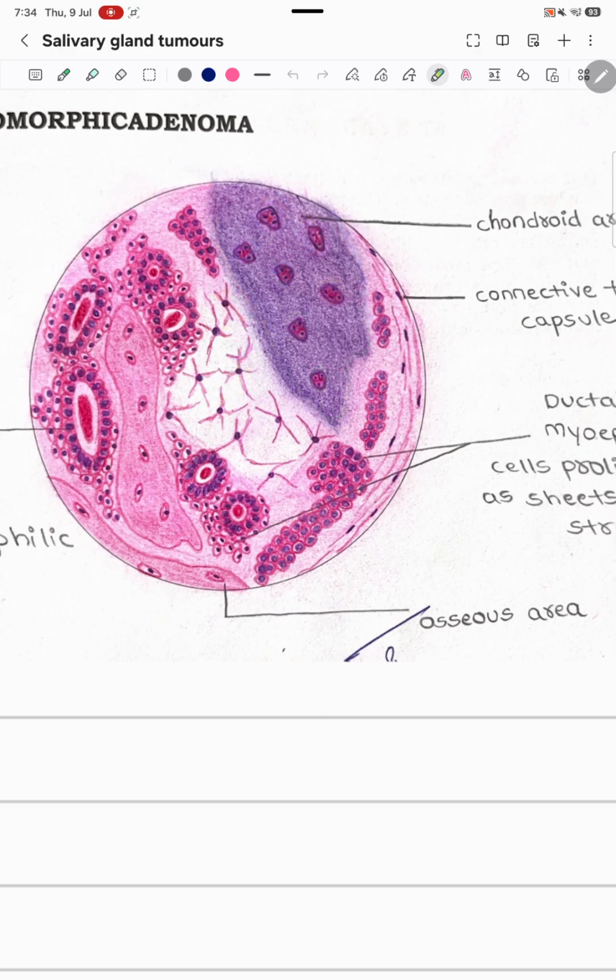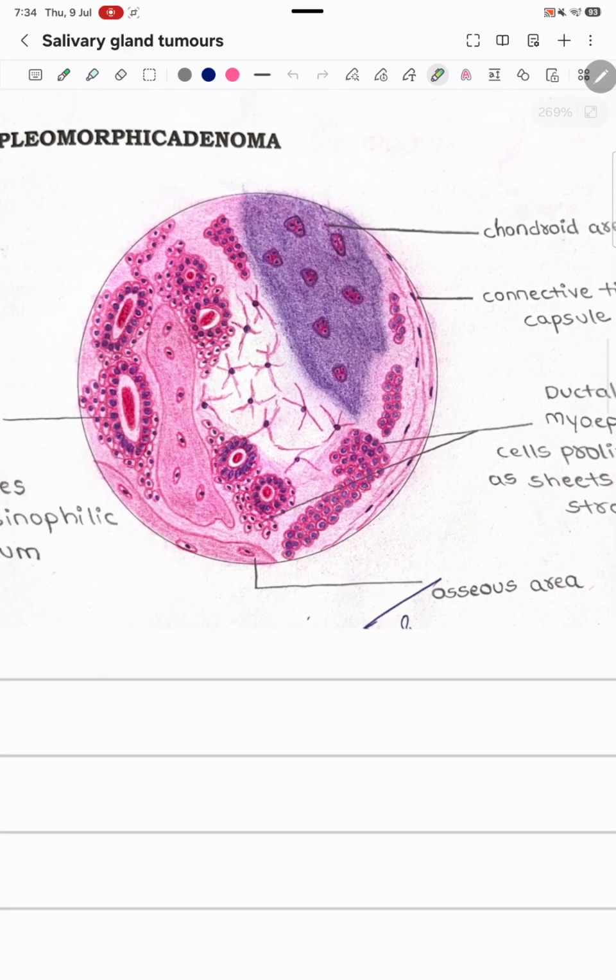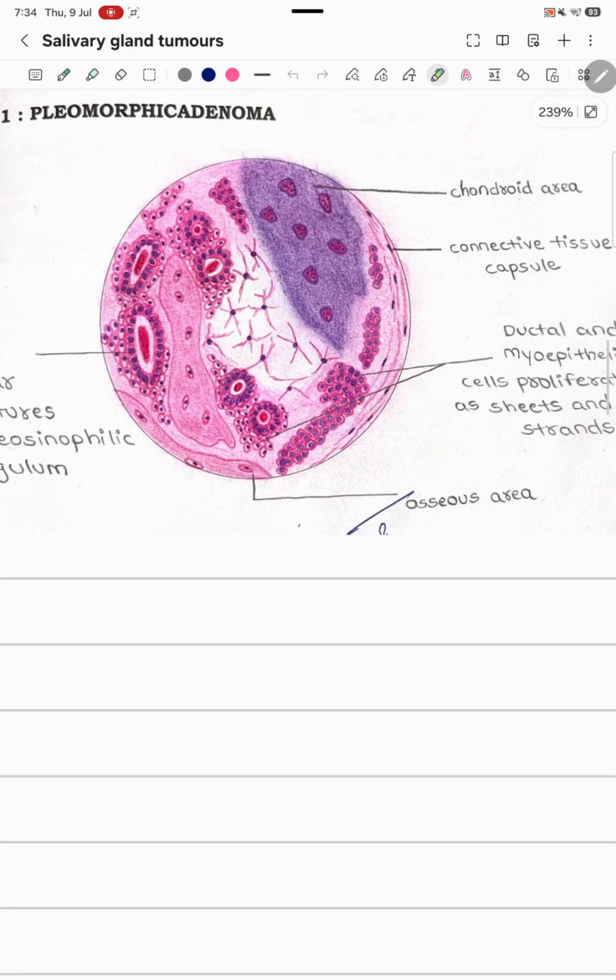Then you have your myoepithelial cells, your cystic areas, your ductal component, and your bone. Okay, so that is the histopath of the diagram.